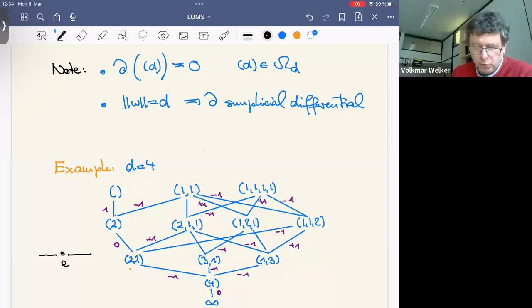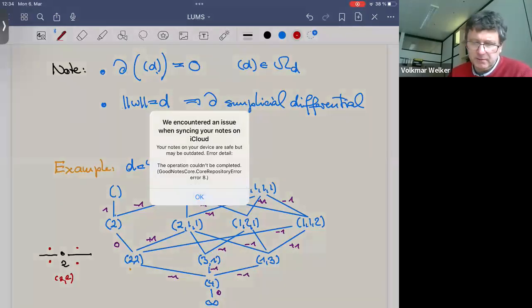You cannot merge roots, you have only one root. So the only thing you can do is two complex conjugate roots can come together to a double real root. But now you have two choices: the complex roots can come together to the left or to the right of this double real root. In both cases, they form the root multiplicity 2, 2. So 2, 2 appears in the boundary of 2 twice.